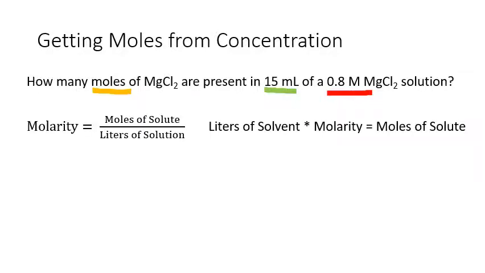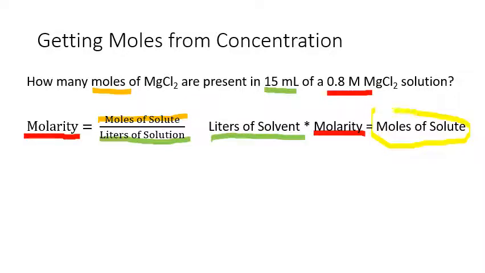Moles divided by volume gives you molarity, so we can rearrange that. We're going to multiply the volume times the molarity. So molarity times the volume will give us the number of moles of the solute that is present.